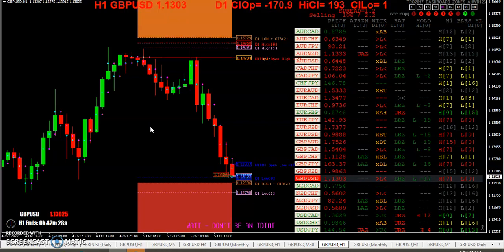And we're below the H1 lowest open, so we're in the HOLO zone, and we're right there at the daily low. And we're a few pips above the previous daily low, I believe, which was call it 1280. So this is one of those sit on your hands opportunities if you're looking for a reversal.